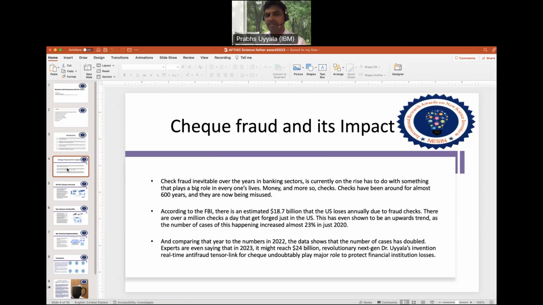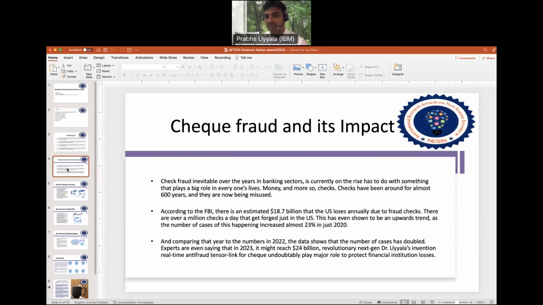Over 8 million checks a day get forged in the US alone. The number of cases increased by 23% in just 2023, and compared to 2022, the data shows the number of cases has doubled. Experts are even saying that 2023 might reach 24 billion.